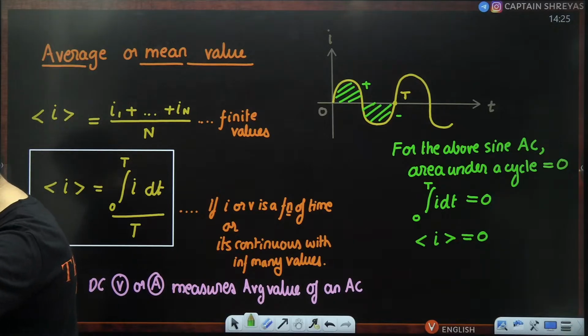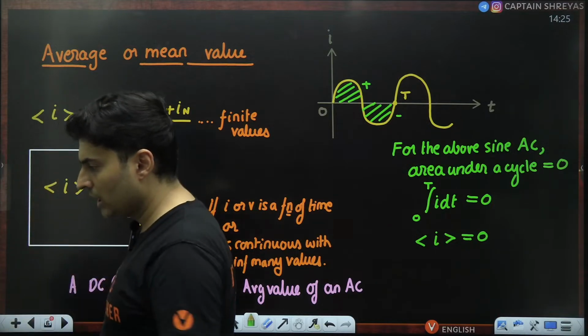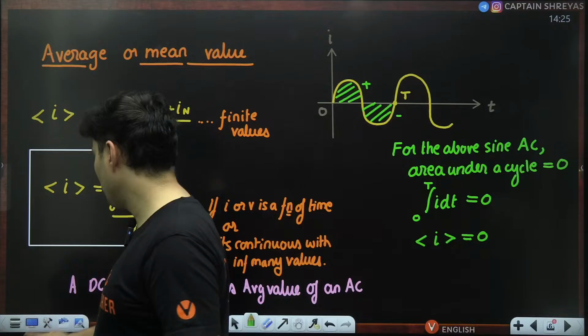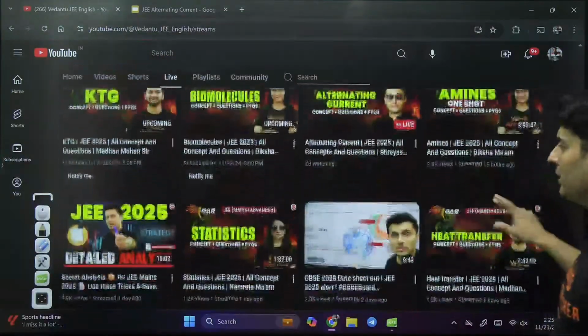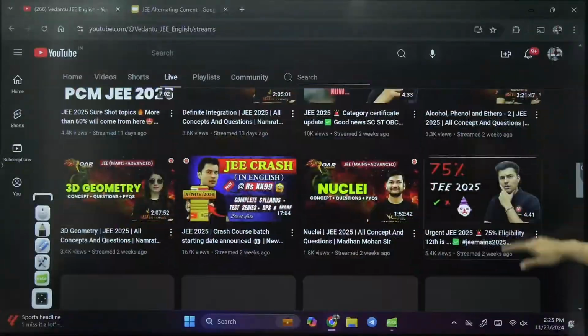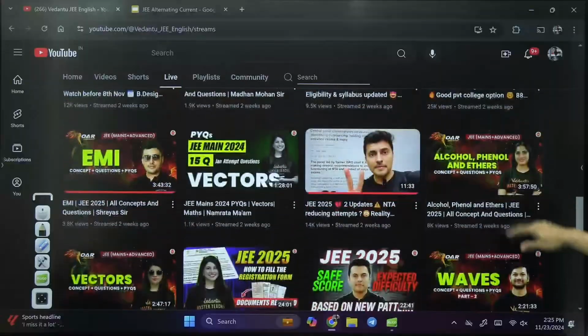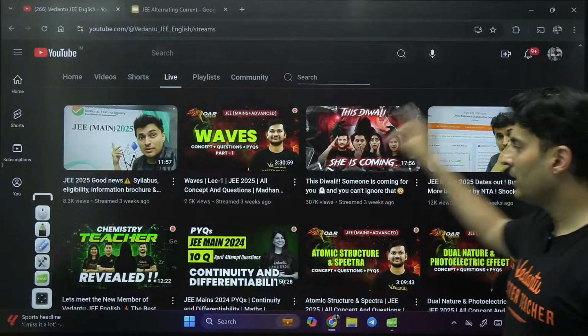Great. Light waves, I think it was done by Madan sir, if I'm not wrong. Nikhil? Yeah, it should be done by Madan sir. Yes, over here. Just go back a little bit, right over here. I think before nuclei, electromagnetic waves. Yeah, so in this only, everything was done.